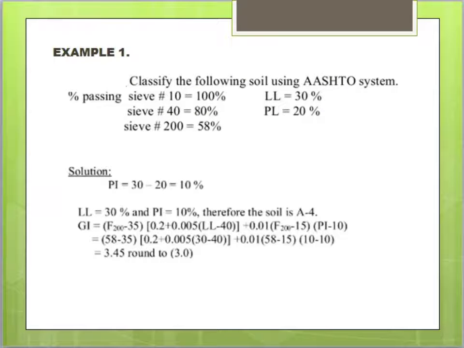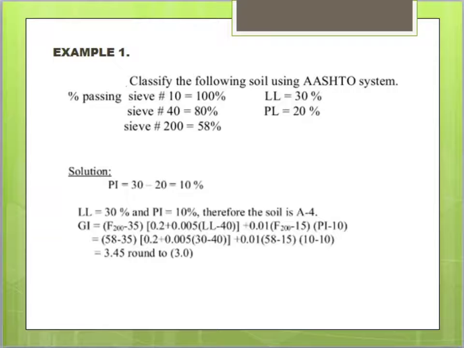For example number 1, classify the following soil using the AASHTO system. The percent passing sieve number 10 is equal to 100%, the sieve number 40 is 80%, and the sieve number 200 is 58%. And for our liquid limit, we have 30%, and for our plasticity limit, we have 20%. For the solution, we are going to solve for the plasticity index.